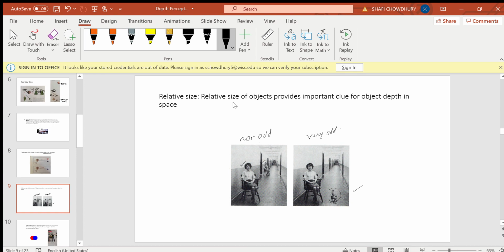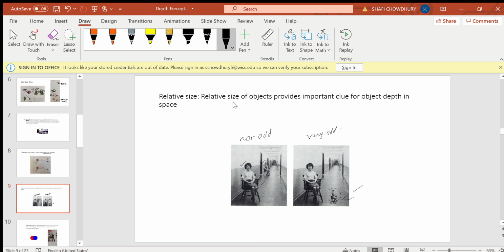So you see, we can get a very clear idea that this person is further away than this one. This one doesn't make any sense unless that person is really very small.